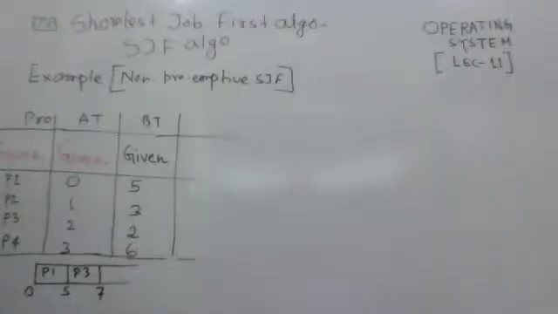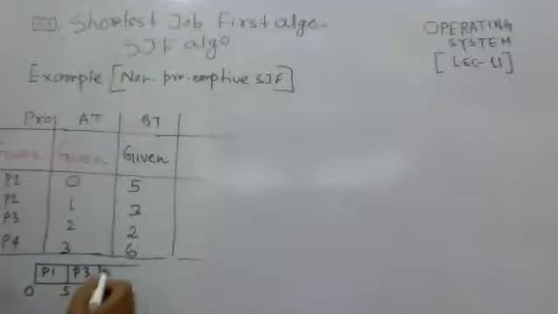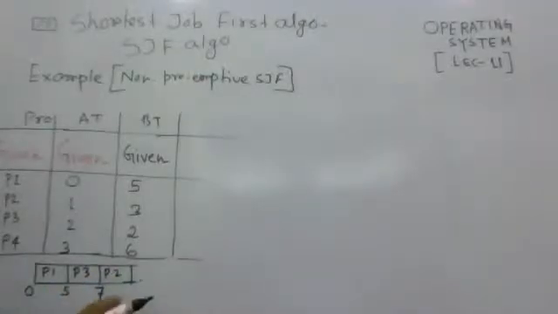Now the remaining processes in the ready queue are P2 and P4. Compare their burst time: the minimum is P2, that is 3. So next we schedule P2 for 3 time units, so the bound is 7 plus 3, that is 10.